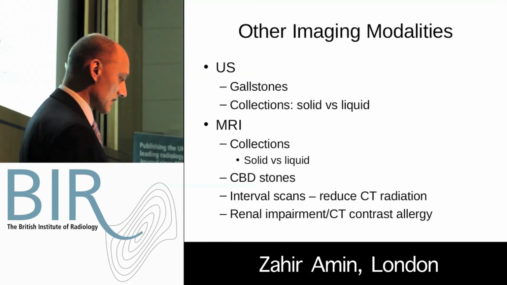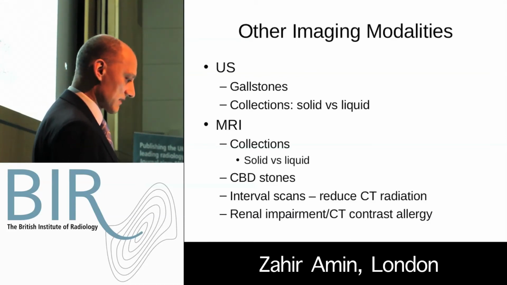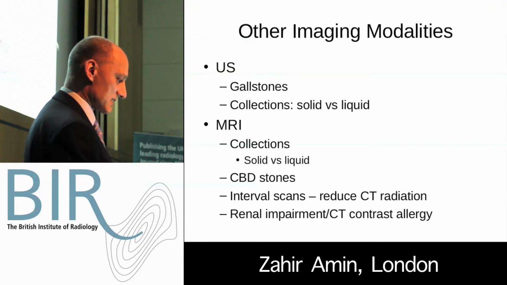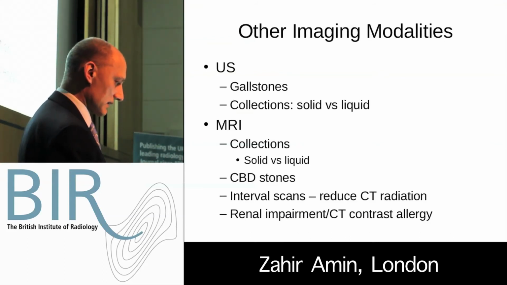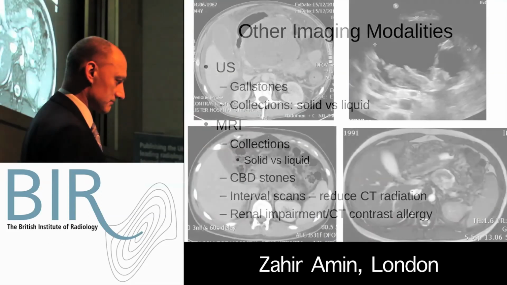MRI can also differentiate solid from liquid tissue within a collection. You can look for bile duct stones. And it's quite useful for interval scans after severe pancreatitis if we're just assessing the amount of collection remaining, since that will reduce the CT radiation impact. And obviously in patients that have renal impairment or CT contrast allergy, MR can be useful.